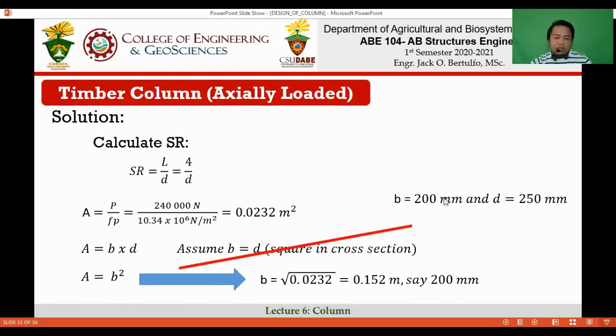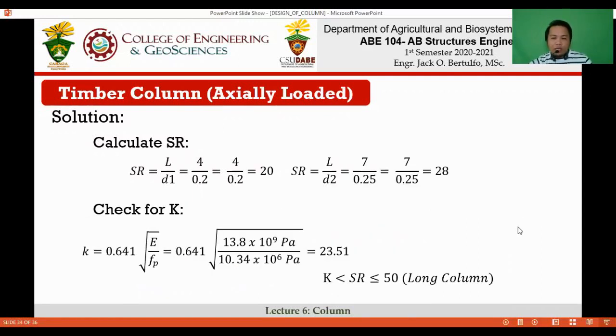But let's say we know that the initial distance for dimension B is 200. So let's adjust just one dimension. We will not use this equation. So from 200, I will adjust D from 200 to 250.